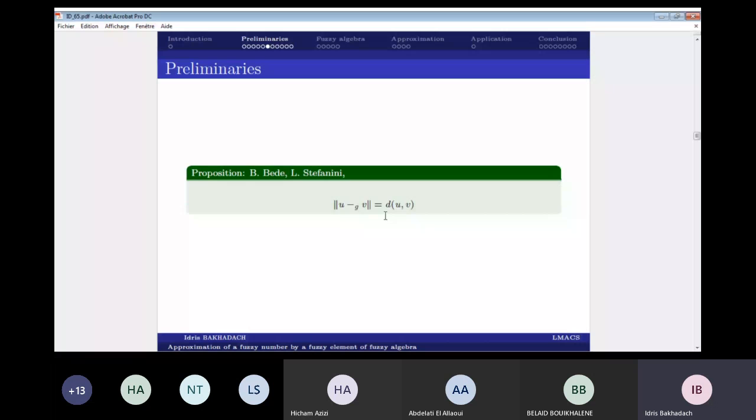Now we move to define the generalized Hukuhara derivative, also defined by Stefanini and Bede. We move to define the differentiability, always by Bede and Stefanini. We have two cases.